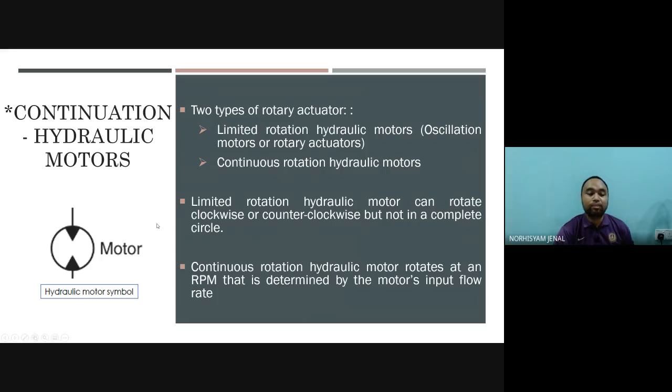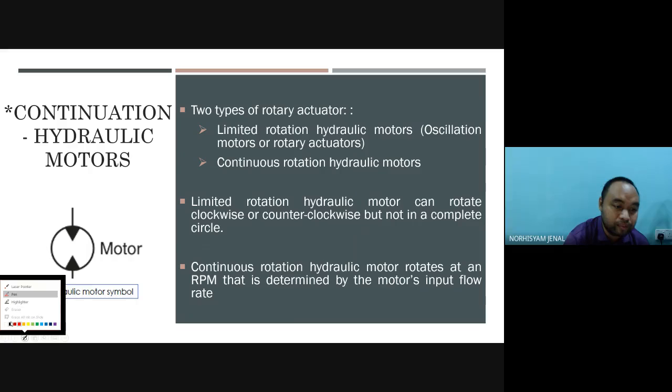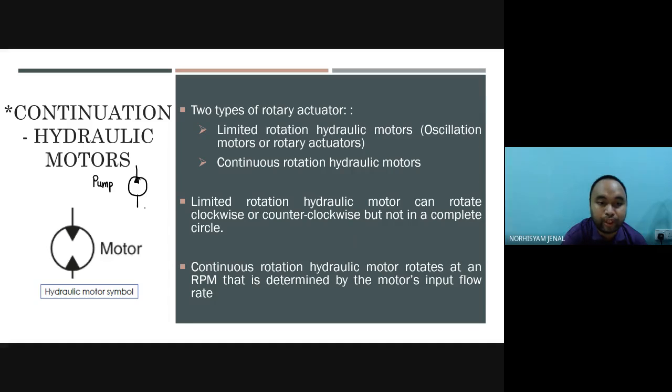Okay, this is a symbol for motor. Okay, you can see from here the different symbol is given for motor compared to pump. If you remember, pump, it looks like this. Okay, so this is pump symbol, sorry.